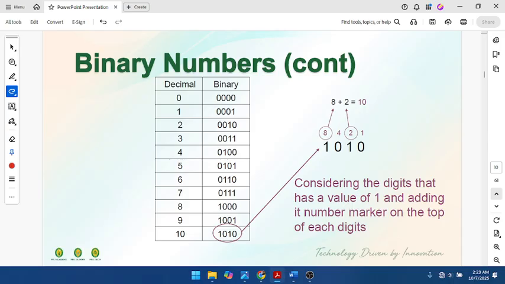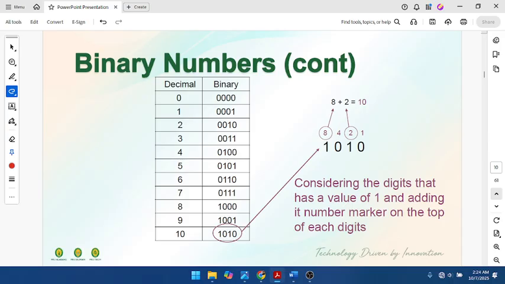This is because to get 3 you need two places, the ones place and the twos place. So the twos place is 2, while the first place is 1. Since they are all on, 2 plus 1 is equal to 3. Okay, as you can see there.